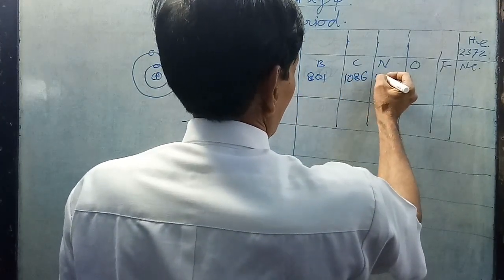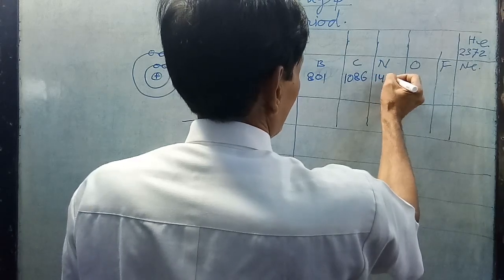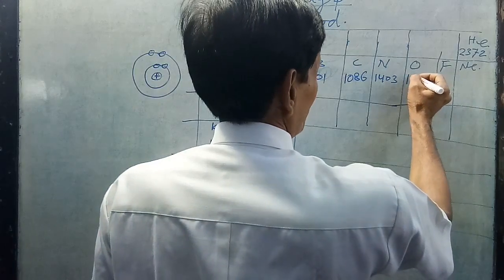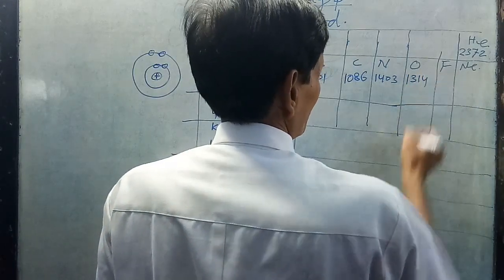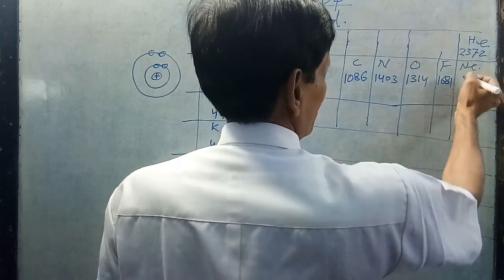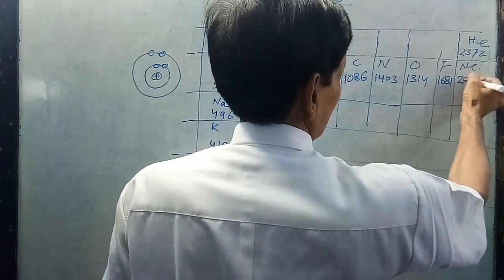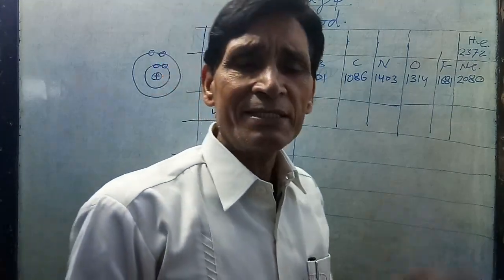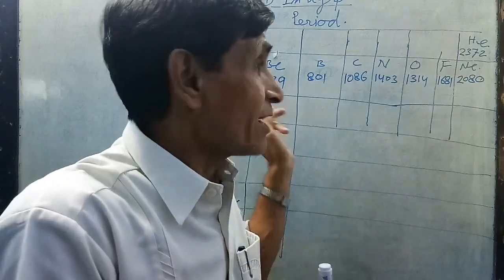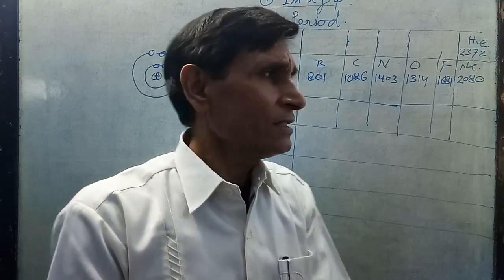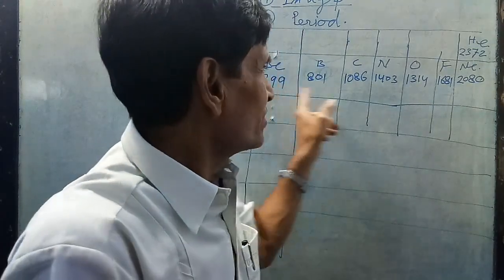Now 1403 kilojoule per mole, approximately, 1314 kilojoule per mole, 1681 kilojoule per mole, 2080 kilojoule per mole. You don't need to learn it. I am writing just so that it can fit in your mind. You can remember, see how it is changing. But you have not to learn this unnecessarily. You have to understand how it is changing.